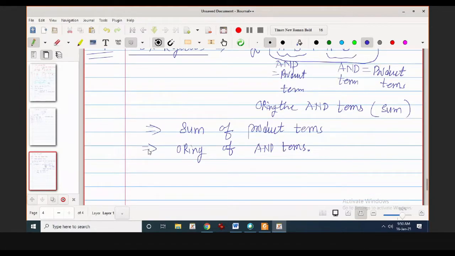Just remember one thing: in SOP we work for logic level 1, and in POS we work for logic level 0.